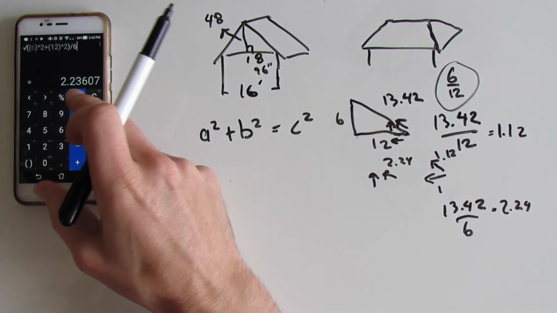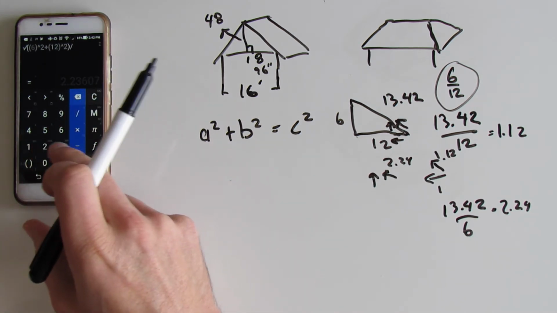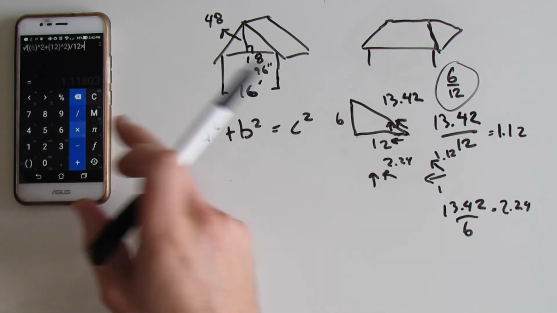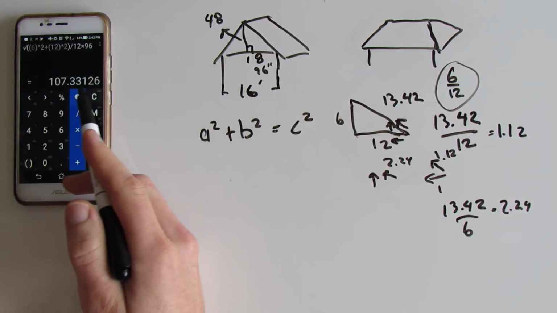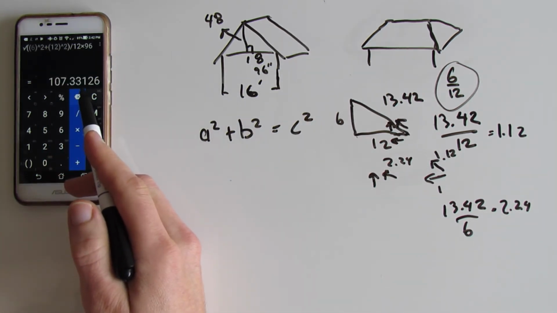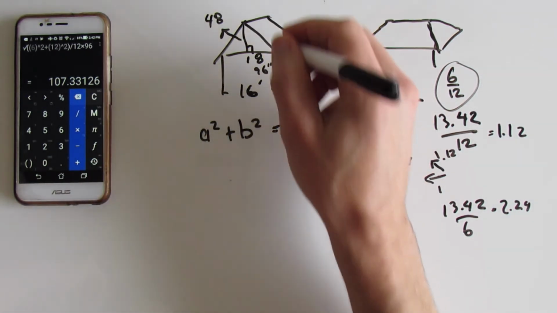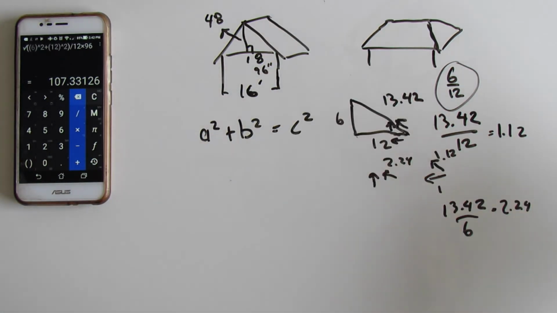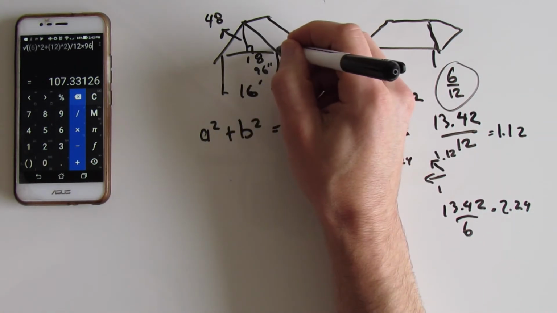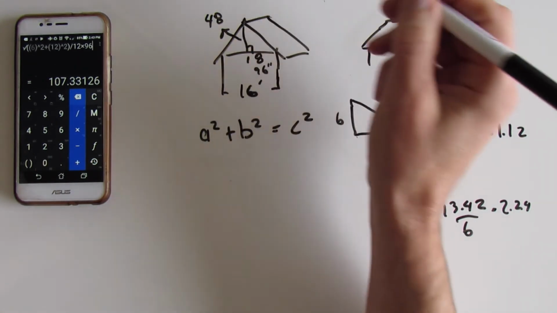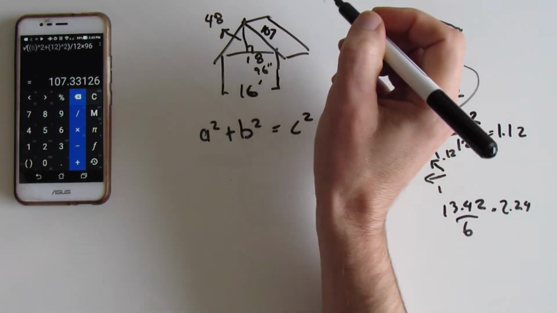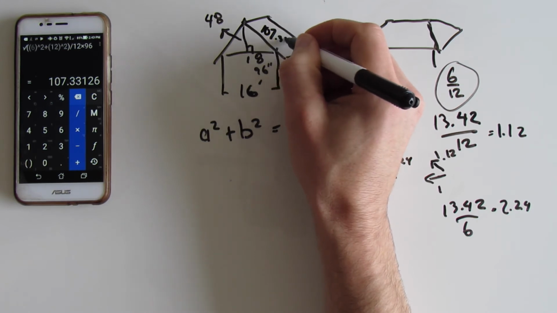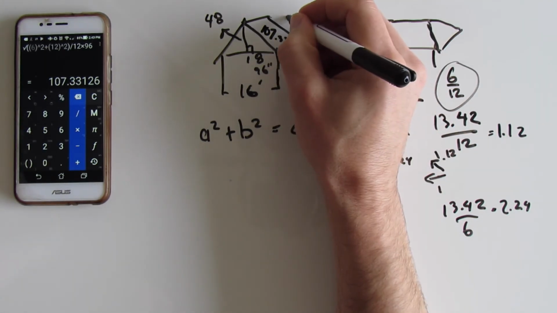So if we say 12 times 96, that's going to give us 107.33. So this is going to be the length from here to the peak. All right, so 107.33, which is going to be about 5/16.